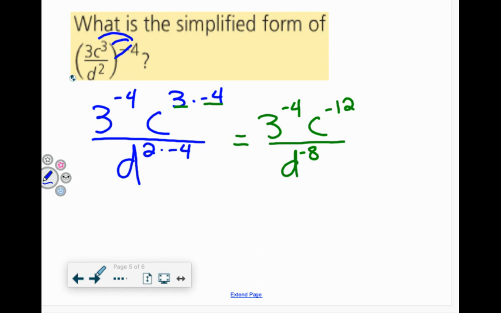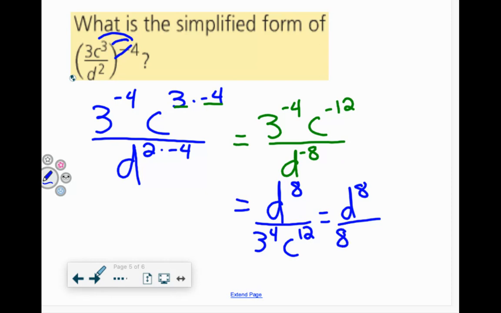If it's on the denominator, it comes up to the numerator. So we can rewrite this as d to the 8th over 3 to the 4th, c to the 12th. We flipped where they were, so now they are positive. Our last step is, what is 3 to the 4th? Well, d to the 8th over 81, c to the 12th.